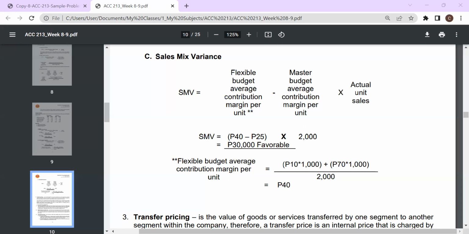So, you have 525. So, you just have to multiply that by 5.25. So, this is 100 times 5.25. So, you have 525 na variance, which is favorable. Favorable because mas marami yung actual na nabenta compared sa kanyang budgeted.